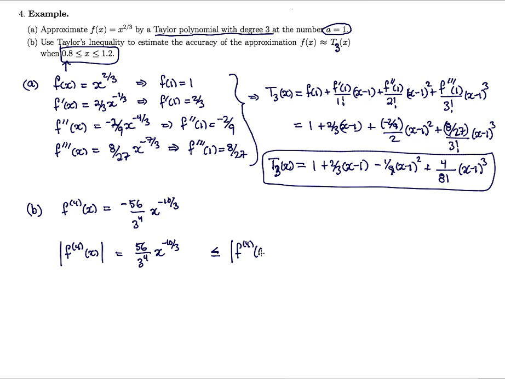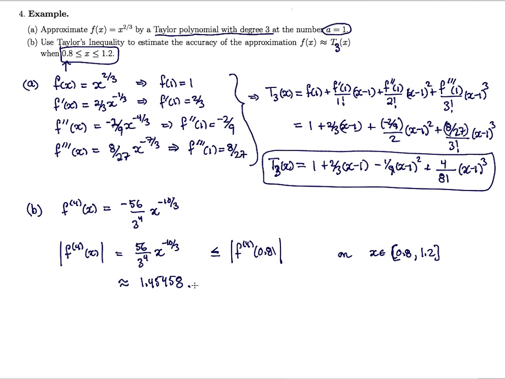So this is at most f fourth at 0.8, on the interval from 0.8 to 1.2. The biggest value occurs at the left-hand endpoint. And so now we just work out the fourth derivative at 0.8. That means plug it into here, take the magnitude, and we get that that's approximately 1.45458.